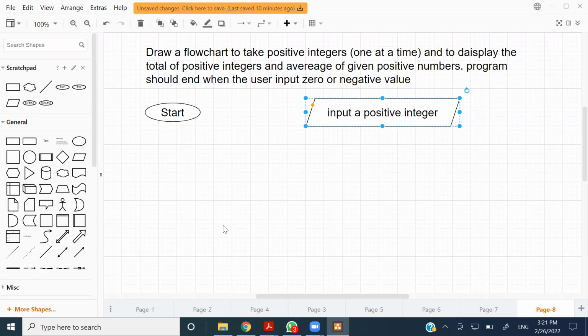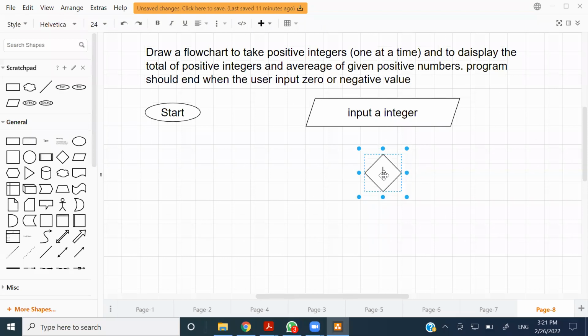So we have to check whether that integer is, without saying positive integer, we can say just integer. Then we are going to check whether that integer is positive or not, because the question says, take the total of only the positive integers, right?